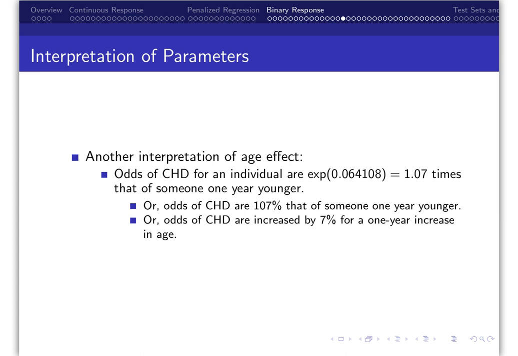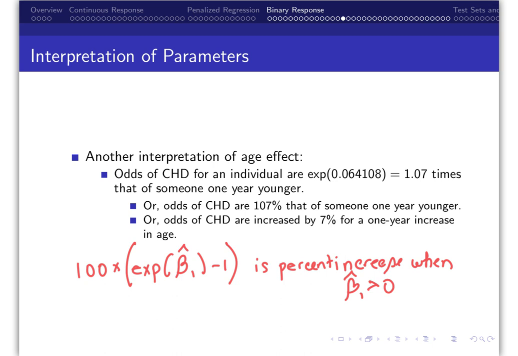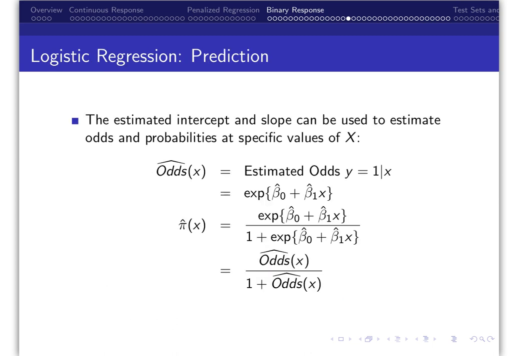We know that exponentiating beta 1 gives us the odds ratio. In our example, the odds ratio is 1.07. In other words, the odds of having CHD are 107% times that of someone 1 year younger. More frequently, we would say the odds of CHD are increased by 7% for a 1-year increase in age.